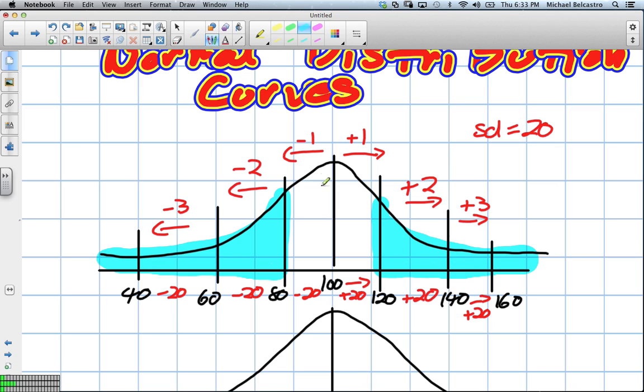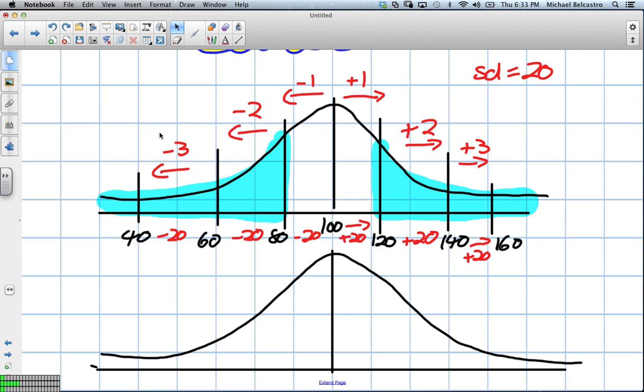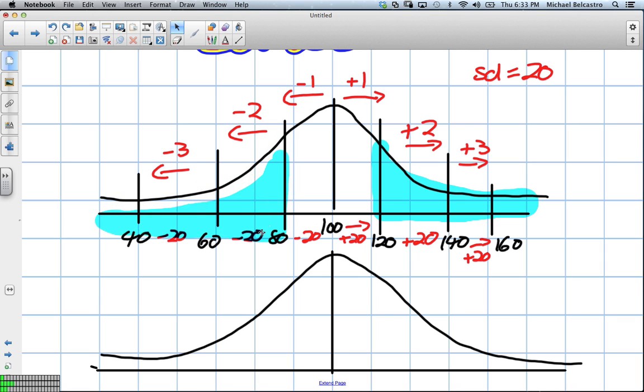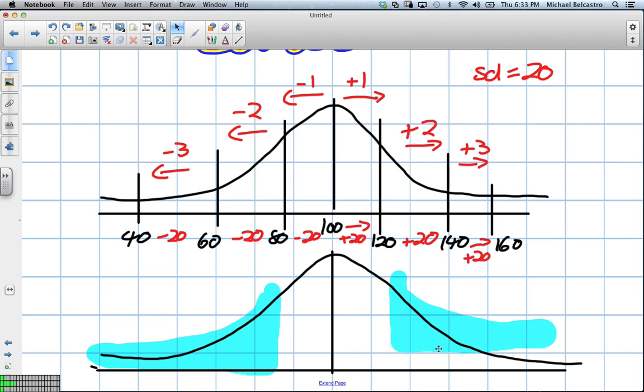So what we're really looking for, let's scroll down, is we just need to pull this part out, and we need to pull this part out. So this is all we're really looking for, these two parts here.